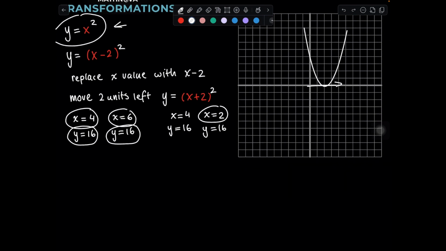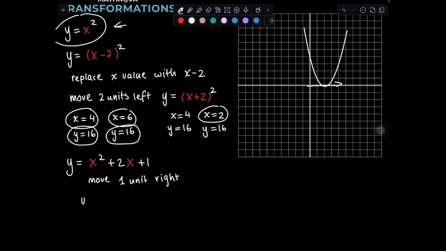Now, when it comes to graphs that are a little bit more complicated and have more x values, I'll show you what happens. If we had something like this, for example, if I wanted to move this 1 unit to the right, all you do is replace each x value with x minus 1.